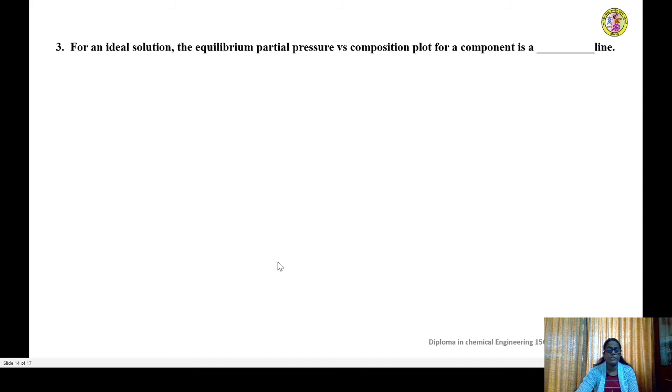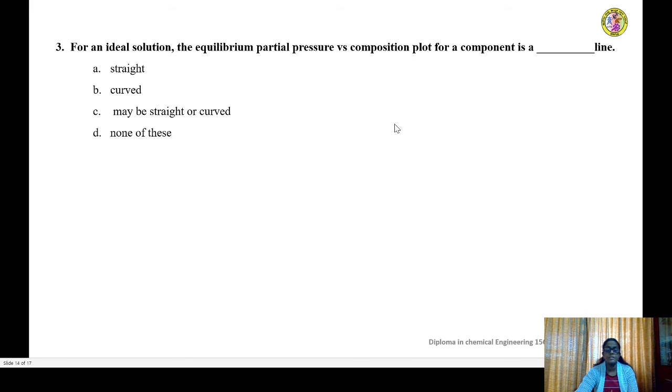So this is your fourth question. For an ideal solution, the equilibrium partial pressure versus composition plot for a component is a dash. You have seen the vapor liquid equilibrium diagram. In that, I've shown you that if you plot the partial pressure of a component versus its mole fraction, then you'll get a straight line.